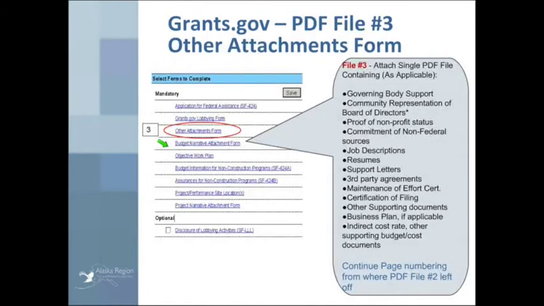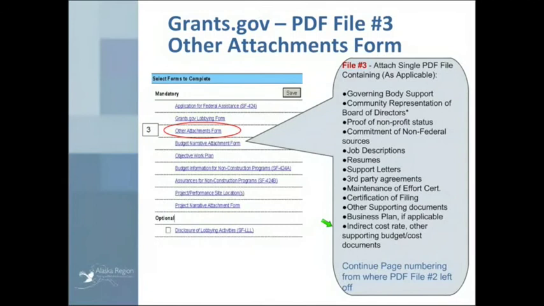Okay, lastly, the third attachment that you're going to put together is for all other attachments. So this would include all of your other supporting documentation. Now that could include, depending on what type of entity you are, your community representation or board of directors, governing body support, proof of nonprofit status if that's applicable, your commitment of non-federal sources, job descriptions, resumes, support letters, and so on, as well as your business plan and indirect cost rate.